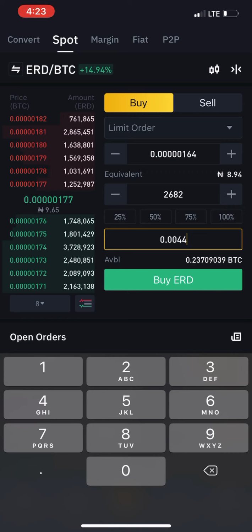What it is trying to tell you is that if you invest this 0.0044 BTC, you can own 2,682 pieces of ERD at the price of 164. Are you getting my point now?